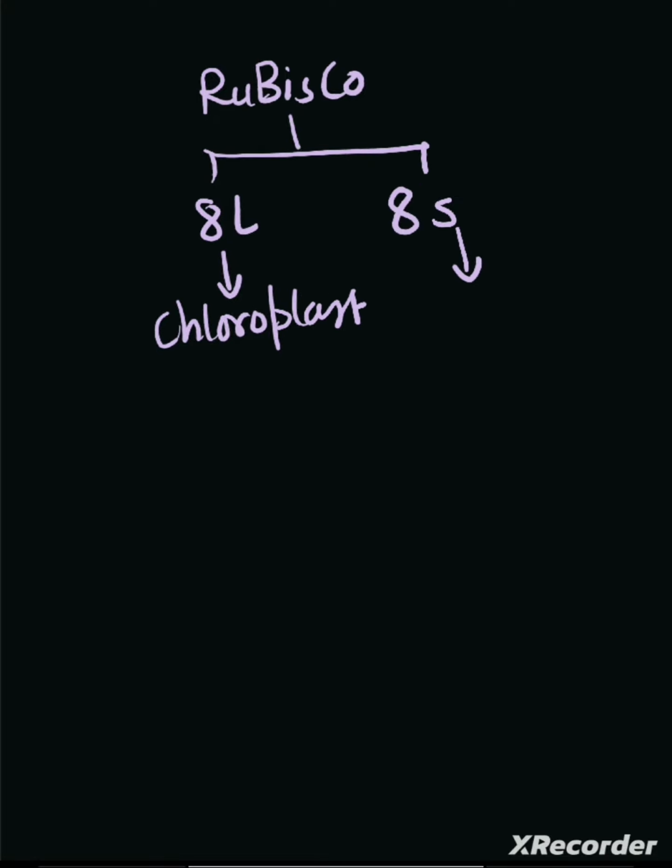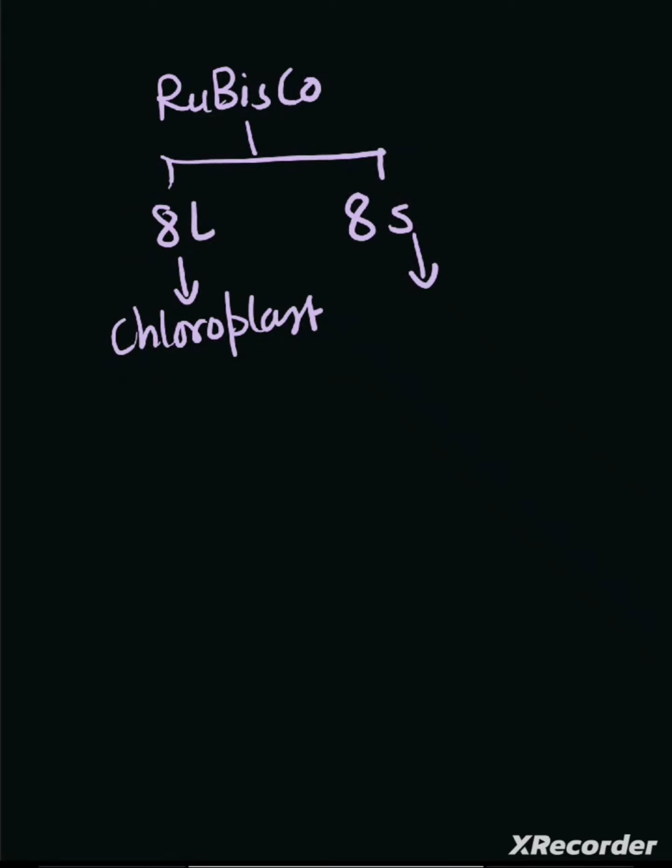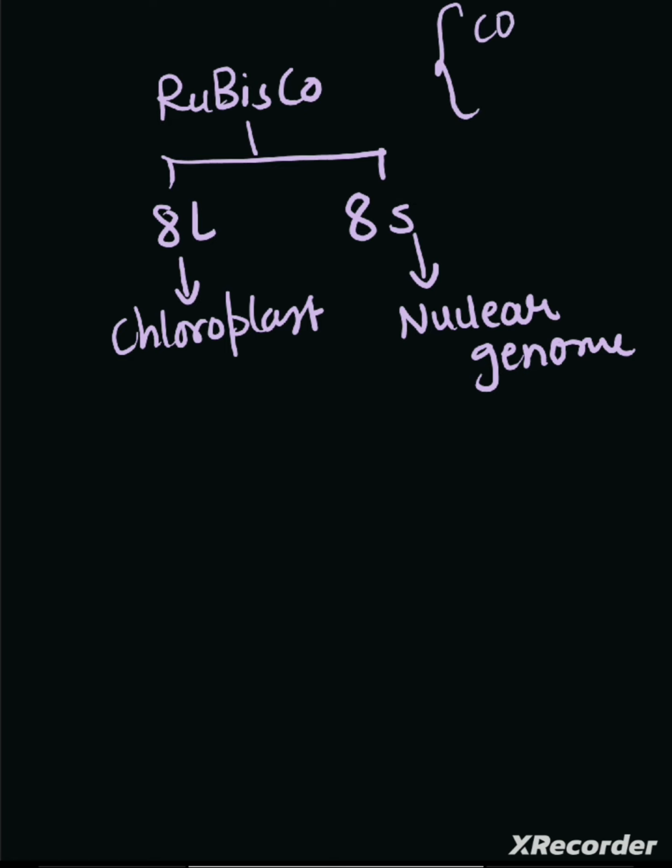And the smaller subunits are coded by the nuclear genome. Now the Rubisco enzyme depends on the concentration of carbon dioxide and oxygen, because we know that it shows both activities, carboxylase and oxygenase, right?